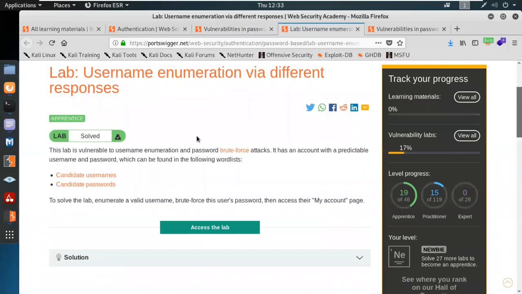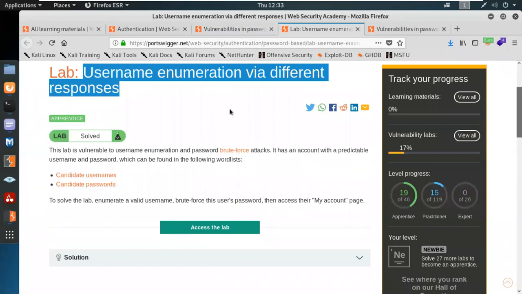So we have the username enumeration by different response. Let's see over here. This lab is vulnerable to username enumeration and password brute force attack. There is an account with a particular username and password which can be found in the word list.